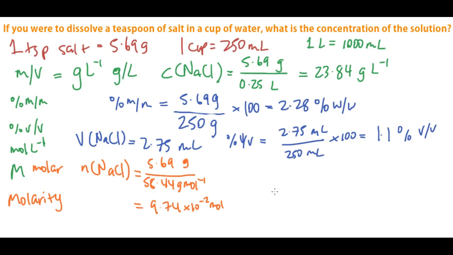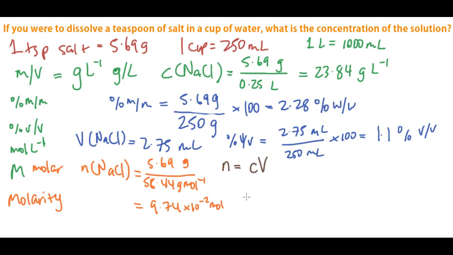Now, to find out the concentration in terms of molarity, there's this beautiful equation that we can use. You can even commit this to memory. The number of moles, when talking about molarity, is equal to its concentration multiplied by its volume.